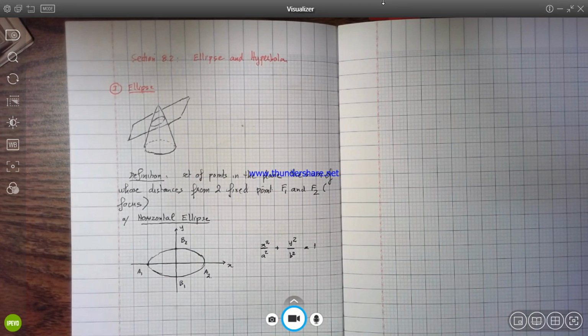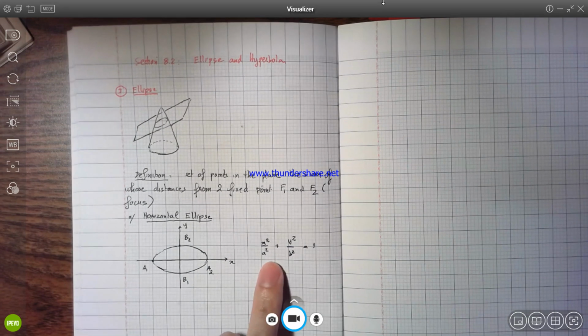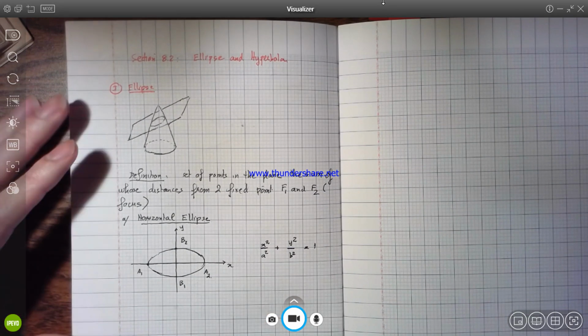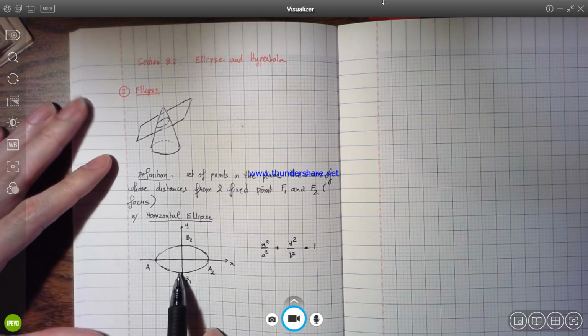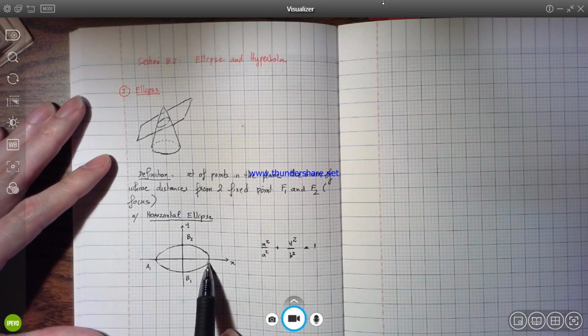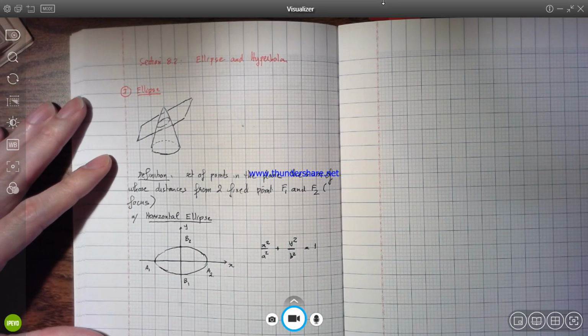So we need to understand what a and b are here. A is the distance from the origin to the vertices A1 and A2.